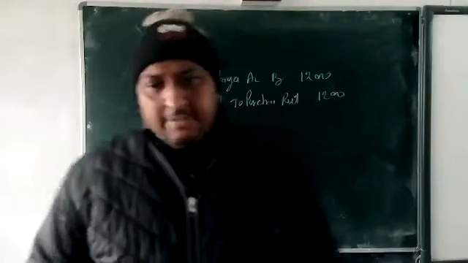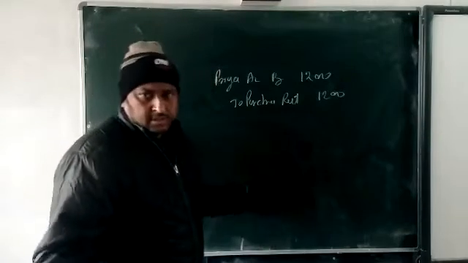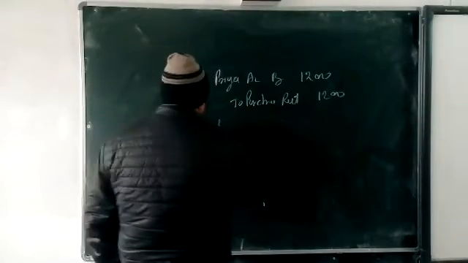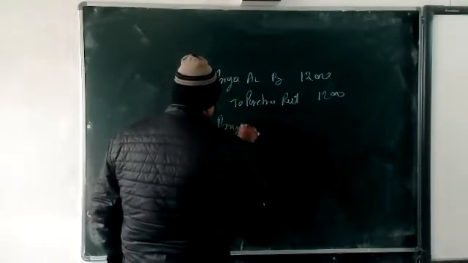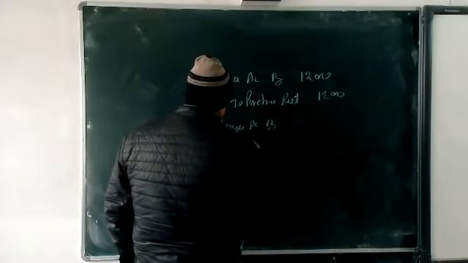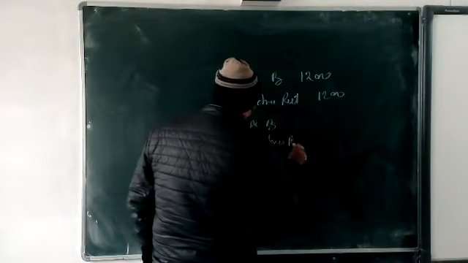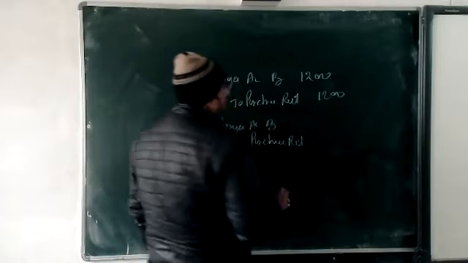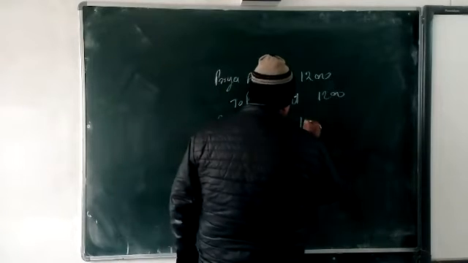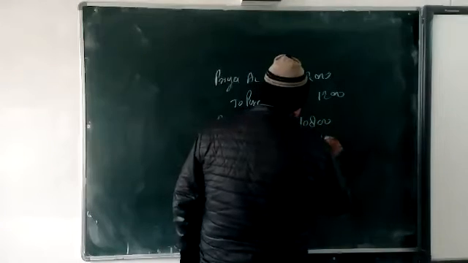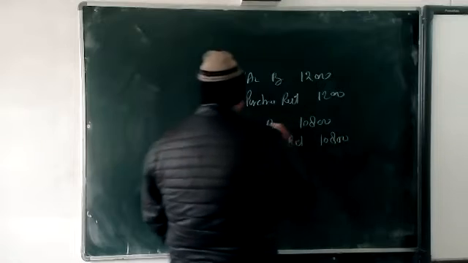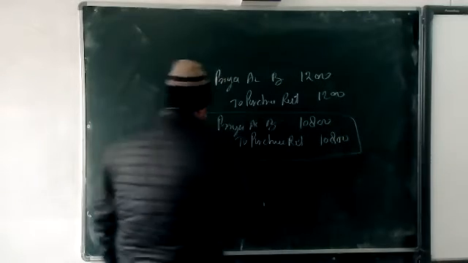Then again we do the same entry with the difference amount to fulfill it: Priya account debit to purchase return, the difference amount 10,800.